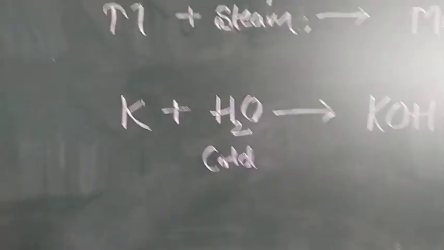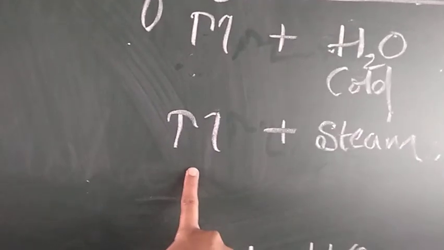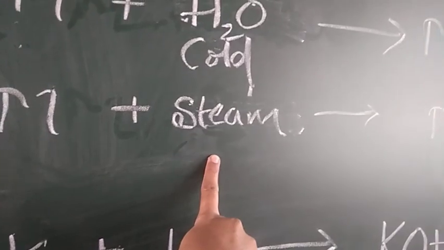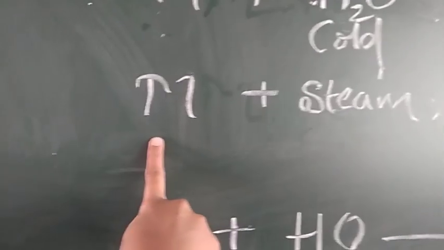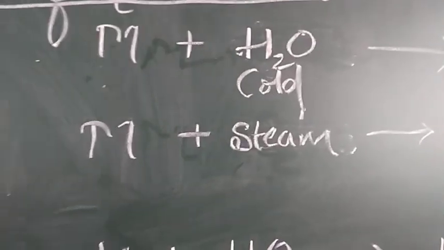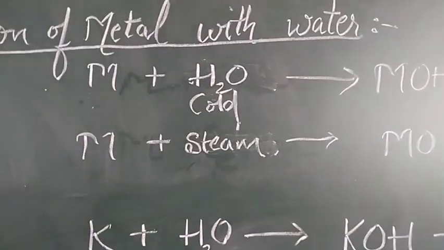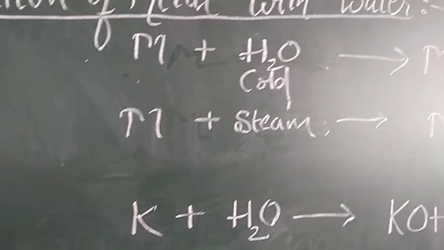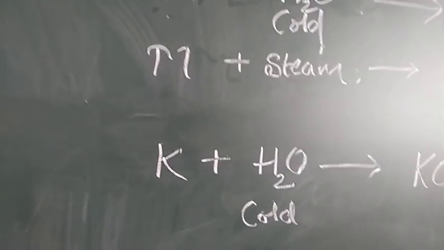Secondly, the second method is when metal reacts with steam. Here we take a less reactive metal, because a highly reactive metal easily reacts with cold water. For the less reactive metal we take steam, or hot water.